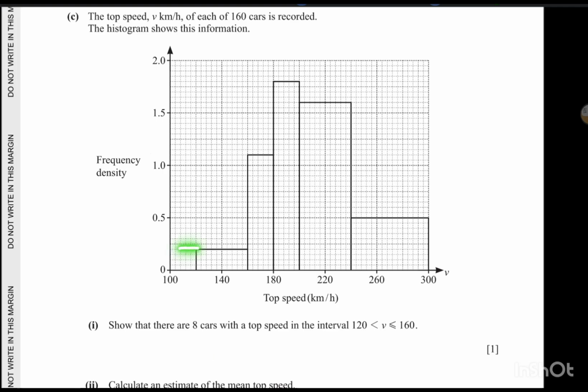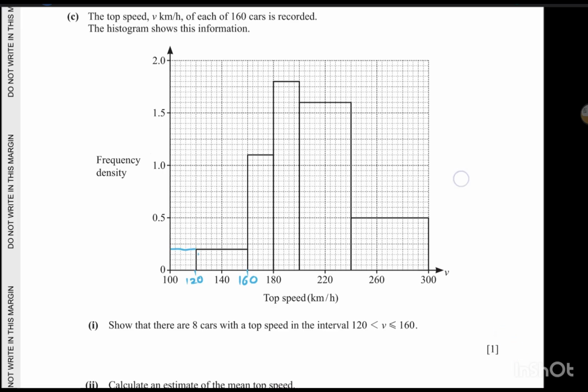Wait, let us see. 120 is where? 120 is this. So let me mark 120. And where is 160? 160 is this. So 120 to 160 is this histogram bar. And what is the frequency density here? Now here it is 0 to 0.5, 10 divisions.